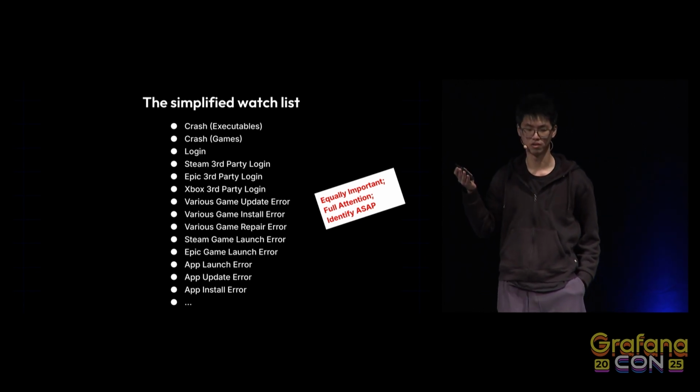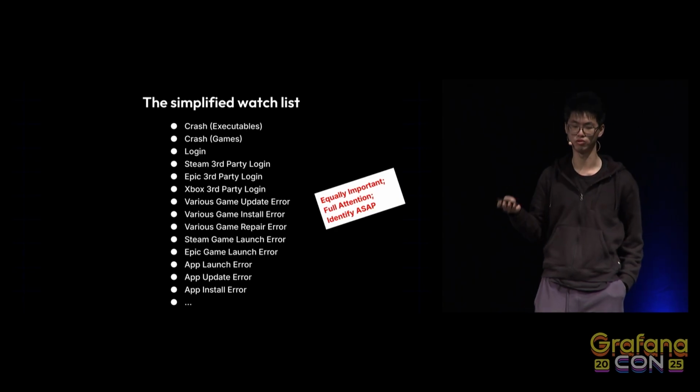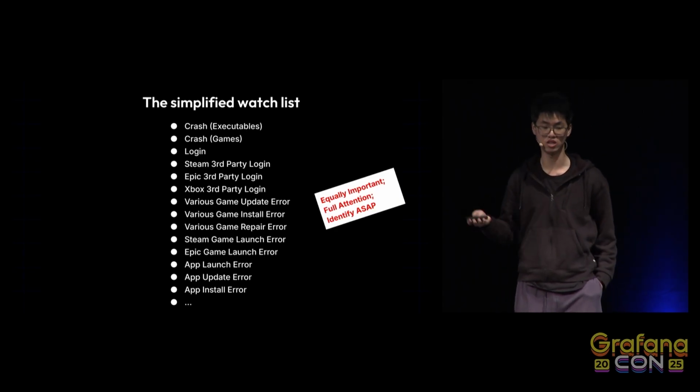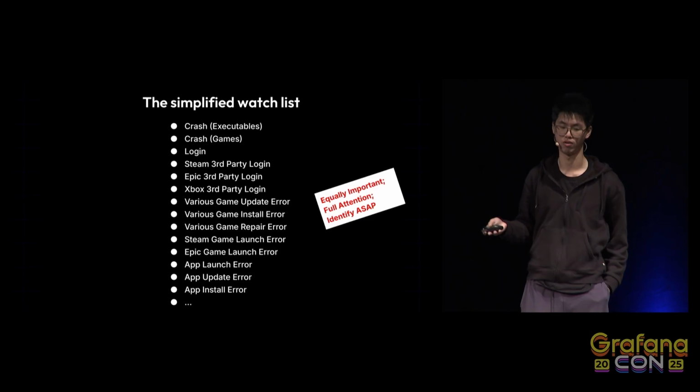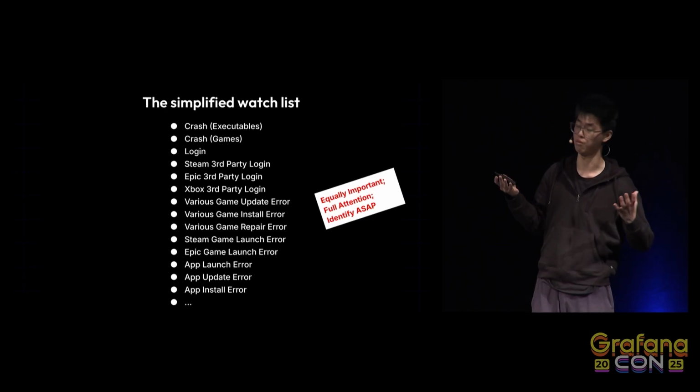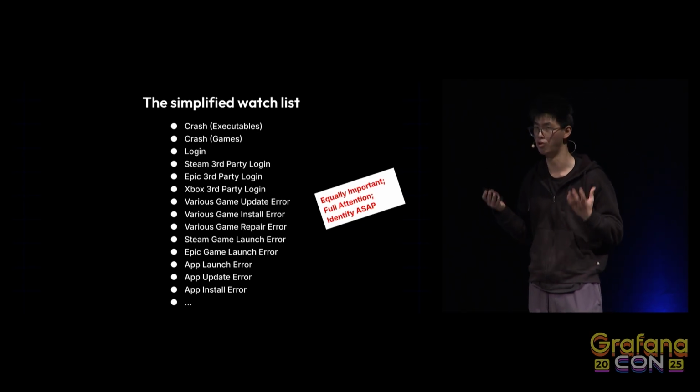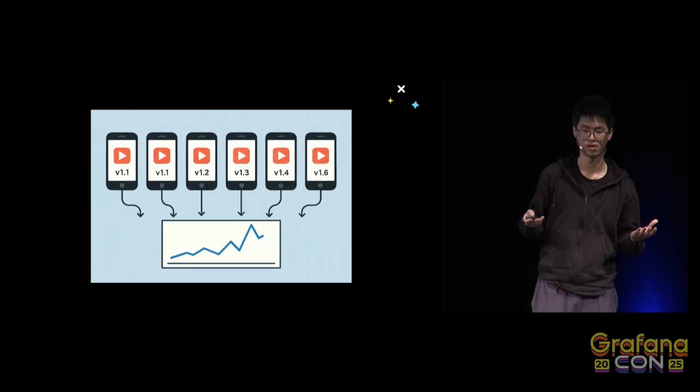Either way, they are equally important to our user experience, and we need to closely monitor them all. Whenever there's a problem, we want to know as soon as possible.